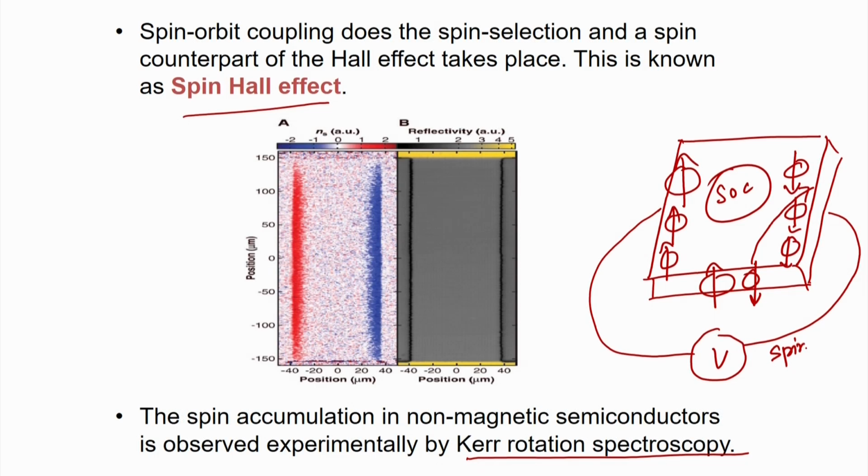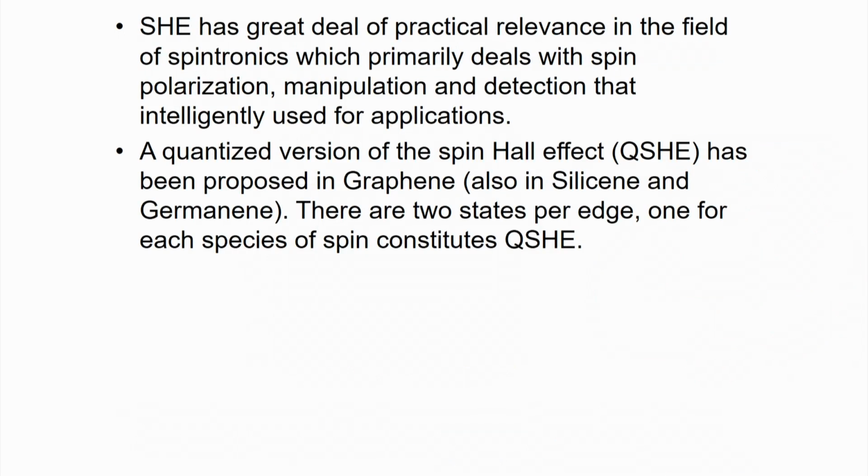So, this is that spin current detection, with a multimeter or ammeter measuring the spin current, or the spin Hall voltage.